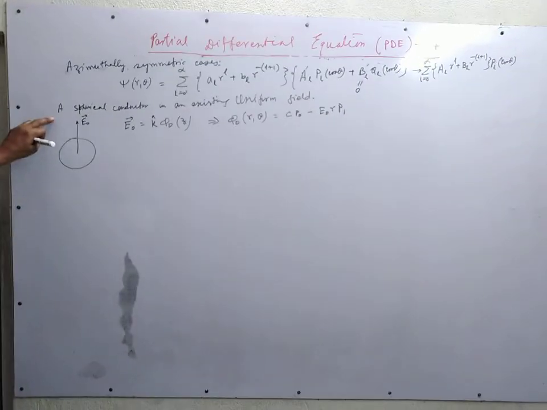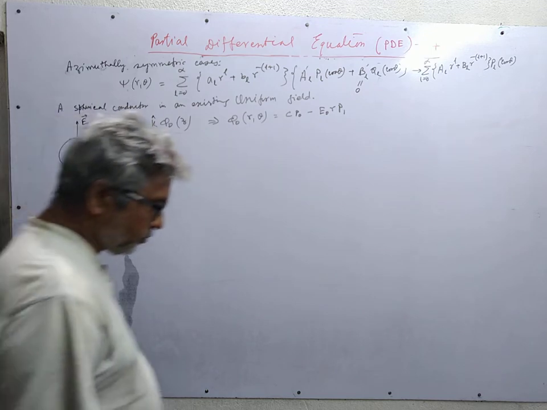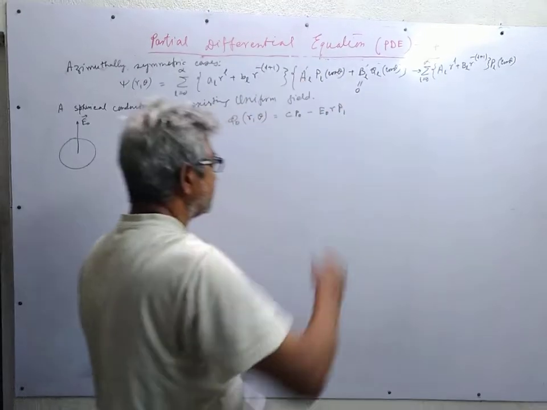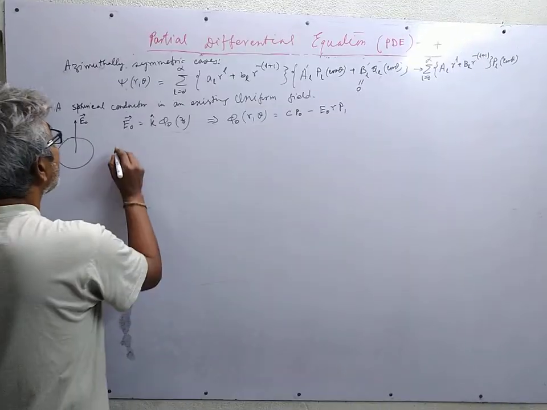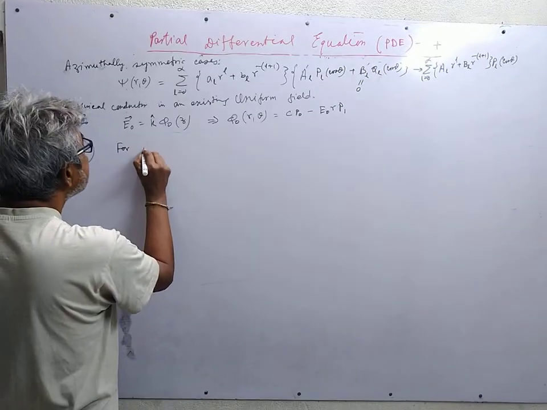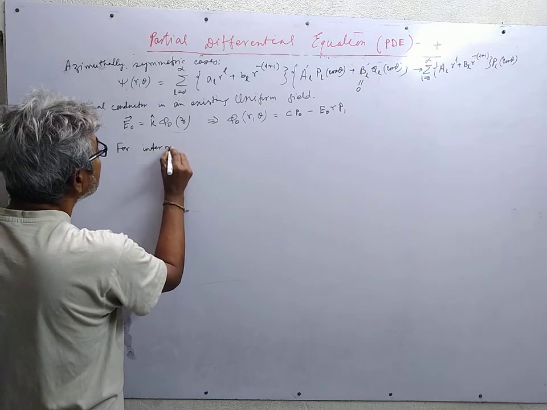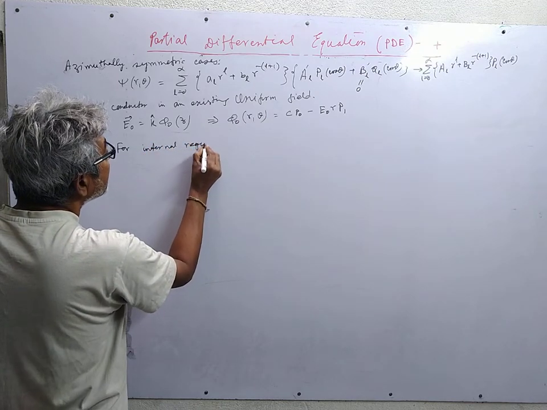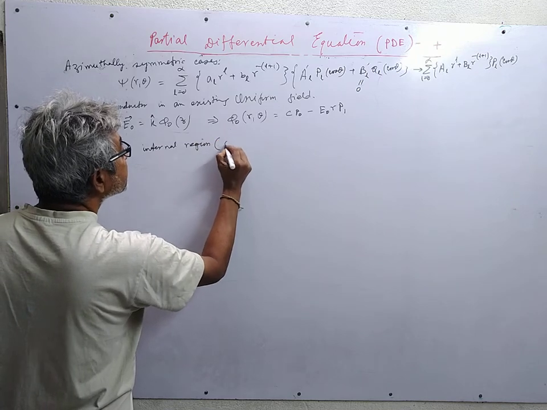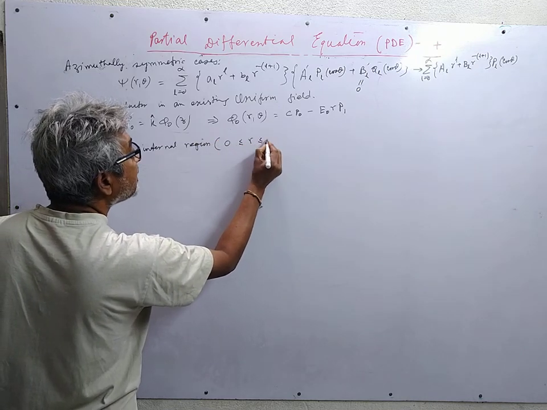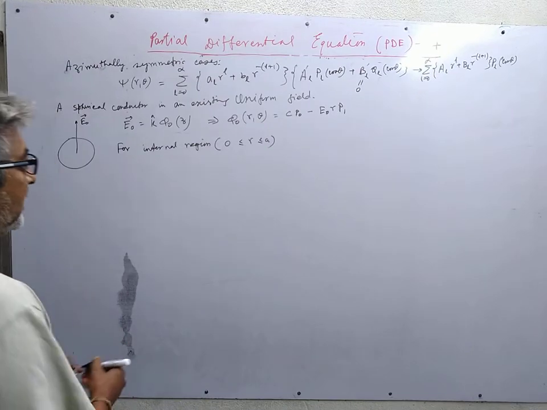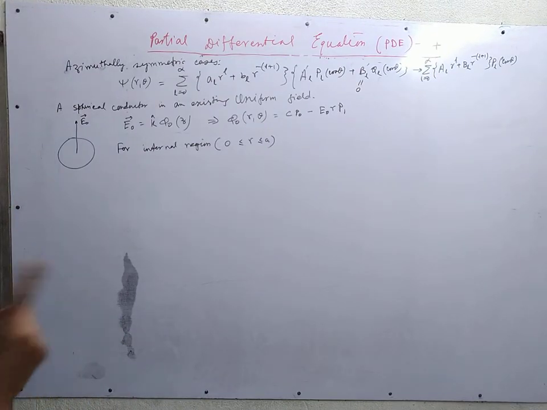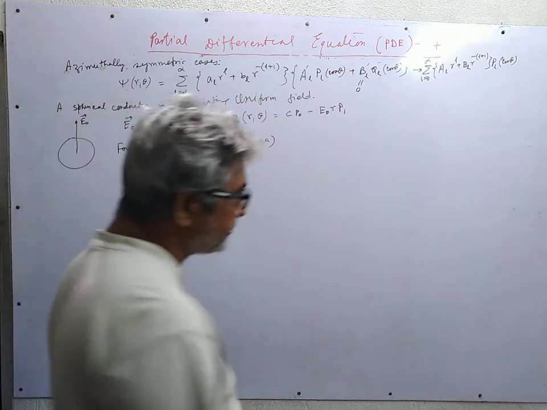At every point, internal and external, the potential will be given by the solution of Laplace's equation. For the internal region, which extends from r equal to 0 to a, it includes the r equal to 0 point.